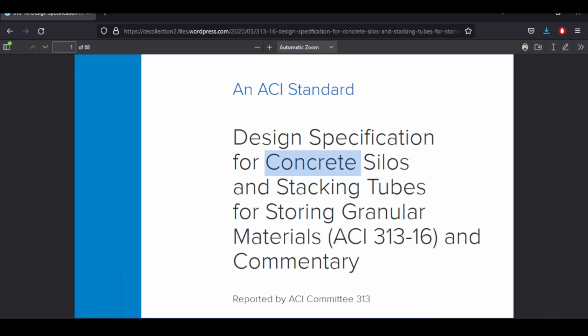And finally, usually I use any standard to calculate loads, and then I basically leave it to the discretion of my dear viewer to use the design code or loading code he wants, because I'm trying my best to keep the series as code neutral as possible. However, well, concrete silos and storing granular materials, well, there is no code neutral method of explaining that, so I have to basically rely on the ACI code 313 2016 edition. All right, fantastic.